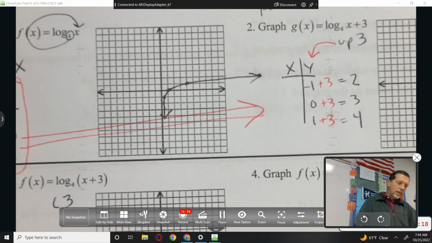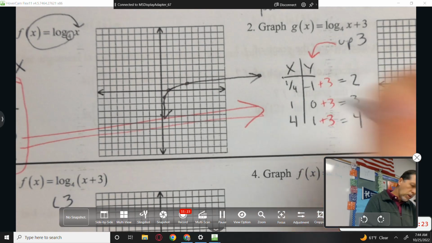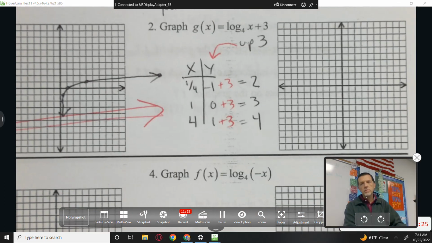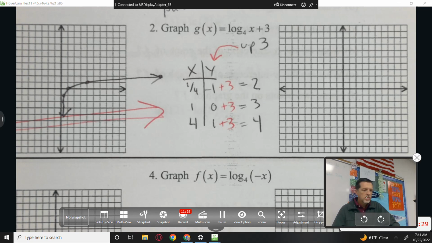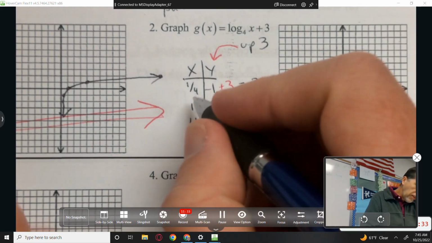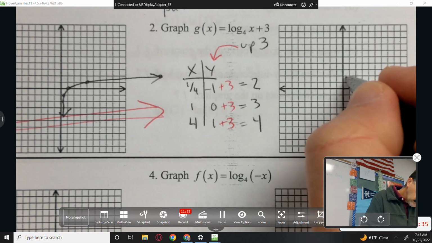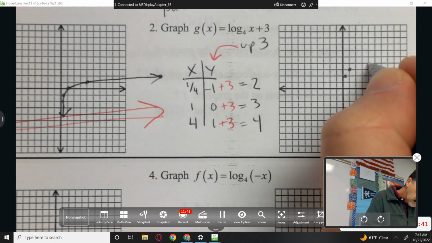We didn't do anything to the x values: 1/4, 1, and 4. So let's plot those points. 1/4, 2; 1, 3; 4, 4.